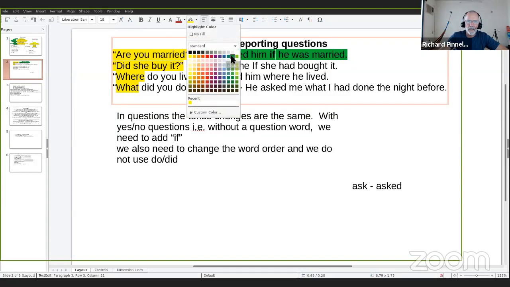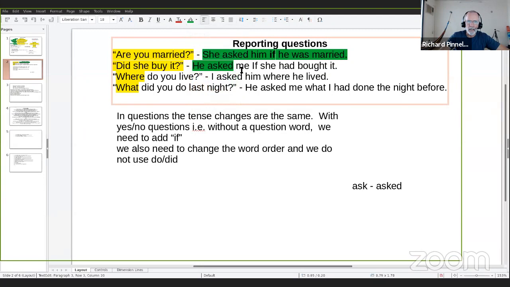Asked is like tell, it has the me after it. And then the next thing we're doing is adding the if, because it's a yes or no question. And then we're going to change the tense from the past to the past perfect. We've also got here, we don't need to change the pronoun.